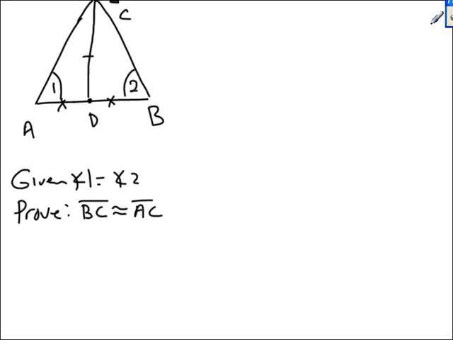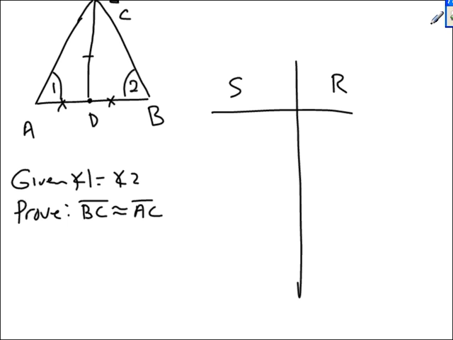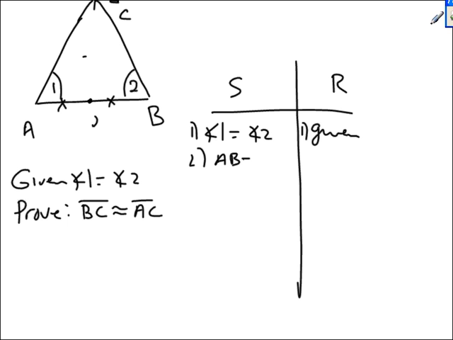Well, all right. Statement, reasons. We are given that angle 1 is equal to angle 2. This is given. Statement number 2 is that, actually, we're not really going to use this midpoint. I changed my mind. We know that AB is congruent to AB.